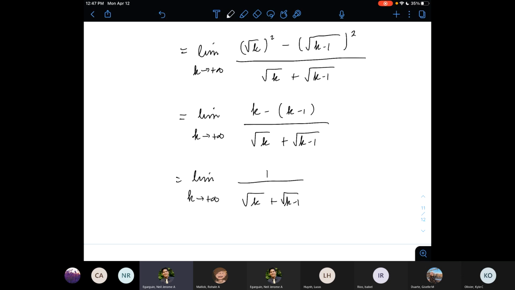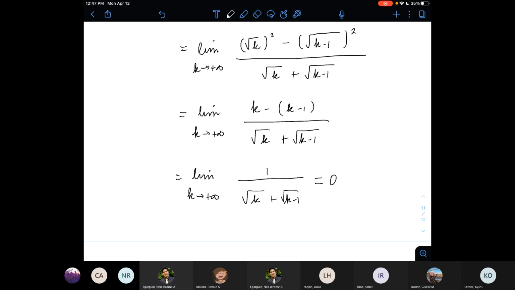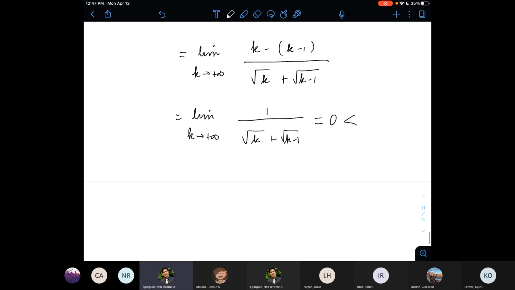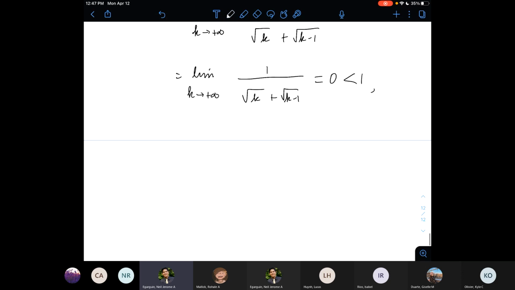Okay. Now the numerator is a constant 1. The denominator is a large number plus another large number. So the denominator becomes extremely large. 1 divided by a large number is equal to 0. And 0 is obviously less than 1. So by the root test, the series converges.